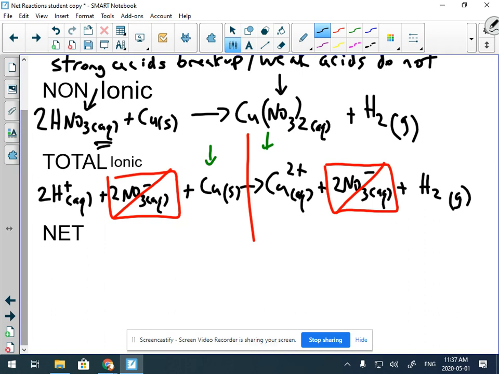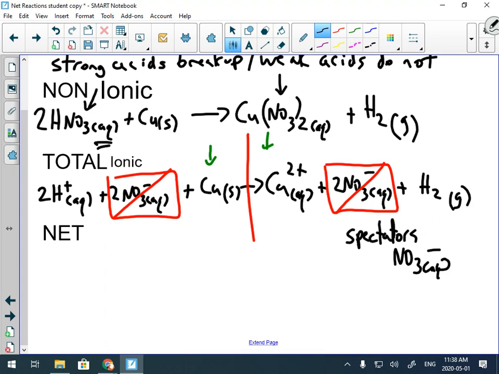They're nitrates as a reactant and they're nitrates as a product. So they're actually called spectators. The nitrate ion in this reaction doesn't partake in the reaction. It doesn't change. And chemistry is all about change.